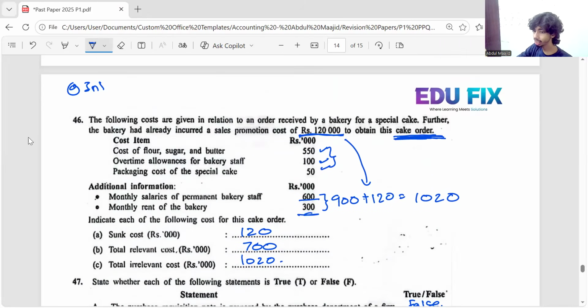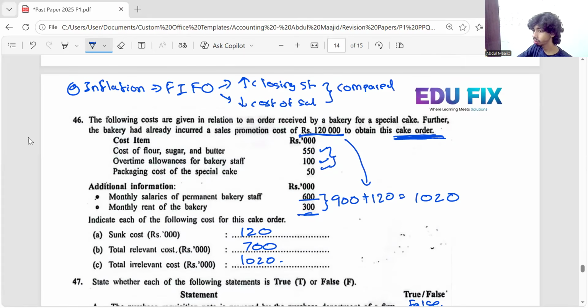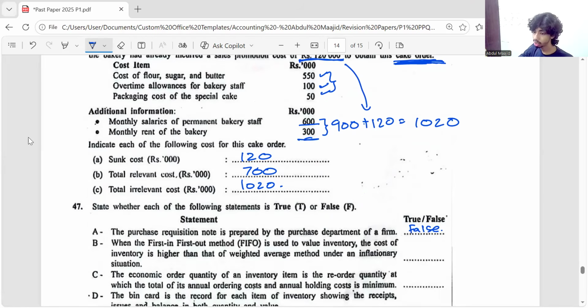In an inflationary situation, the FIFO method will give you a higher closing stock value and a lower cost of sale value compared to the WACC method. So here what they're saying, the cost of inventory is higher than WACC under inflationary situation.